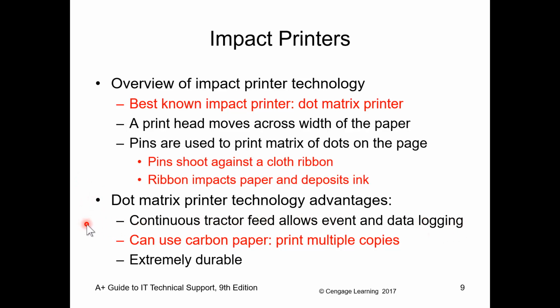You can Google that, where it has feeds on each side of the paper that you have to tear off just to get the regular piece of paper. So you can use it with carbon paper to get multiple copies. Very, very durable. The printers last forever. They're tanks. About all you have to do is re-ink the ribbon or buy a new ribbon.